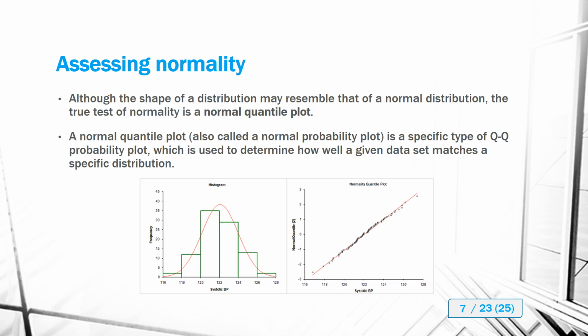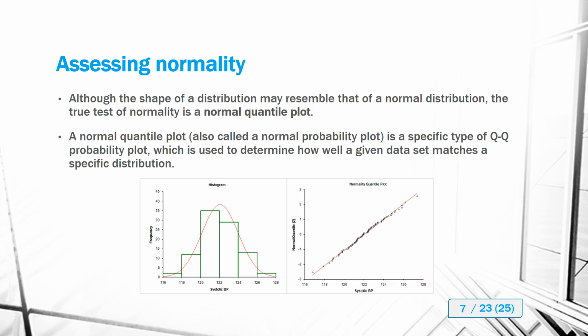A QQ probability plot is simply a statistical graph that lets us know how well our data matches a given distribution. So if we want to know how well our data matches a normal distribution, then the QQ probability plot becomes called a normal quantile plot or normal probability plot.